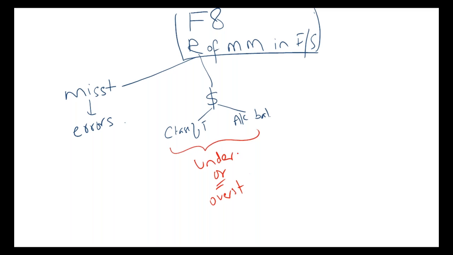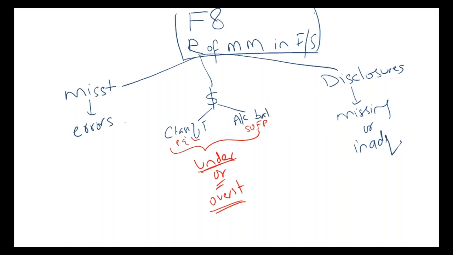You have to tell me whether an asset is understated or overstated. Account balance is for areas in the balance sheet. Class of transaction is for areas in the statement of profit or loss. They could also be disclosures, so not amounts but disclosures, which could either be completely missing or inadequate. So this is a slide which is very important when you're explaining risk of material misstatement in the financial statements.